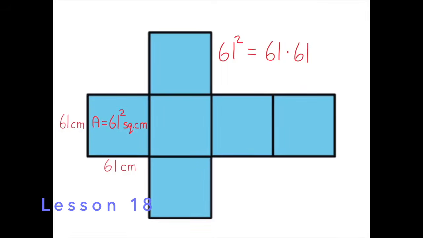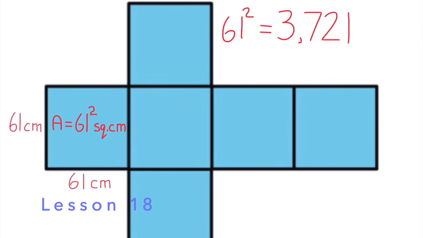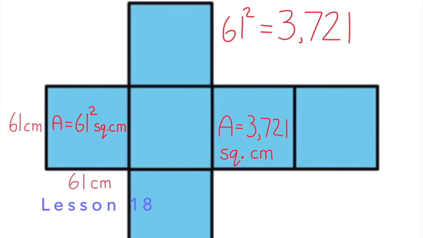Remember, 61 squared, or 61 to the second power, is the same thing as 61 times 61. And 61 times 61 is 3,721. So the area of each square could also be 3,721 square centimeters.